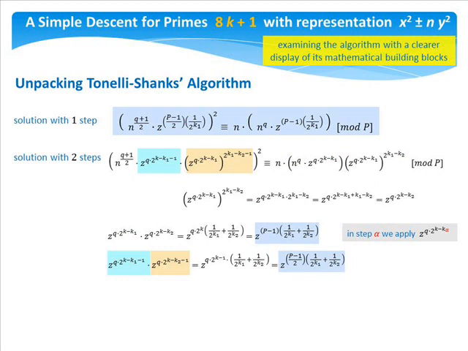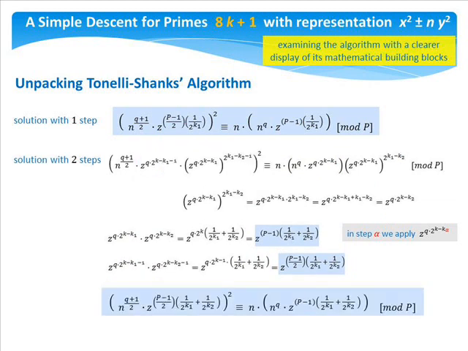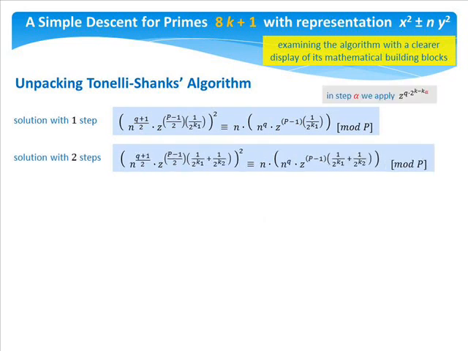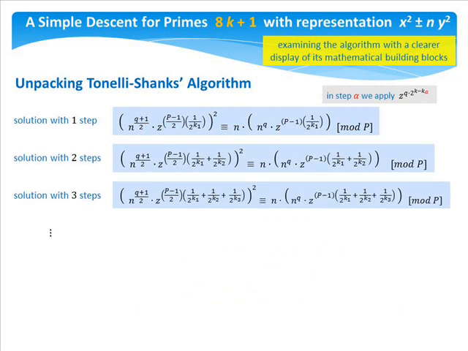When combining this, the exponent includes the sum of the reciprocals of 2 raised to k sub 1 and 2 raised to k sub 2. When dealing with 3 steps, the solution involved the sum of the reciprocals of 2 raised to k sub 1, 2 raised to k sub 2, and 2 raised to k sub 3.